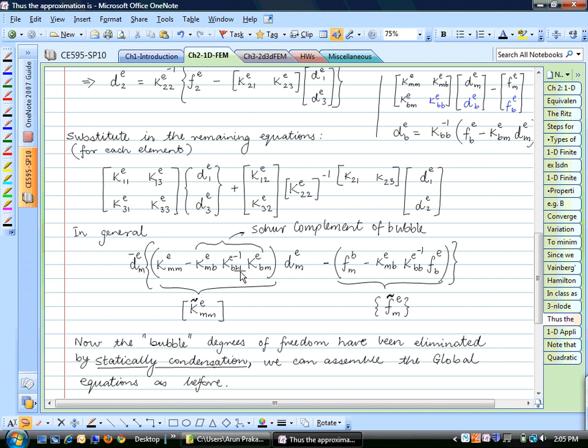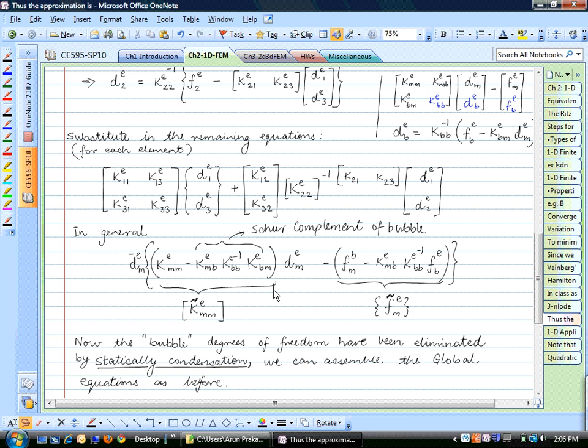So this process can sometimes be expensive, but most of the time people choose the bubble shape functions to be orthogonal so that this KBB is diagonal. And if it's diagonal, the inverse is just the inverse of each diagonal entry. So this quantity gets calculated very quickly.